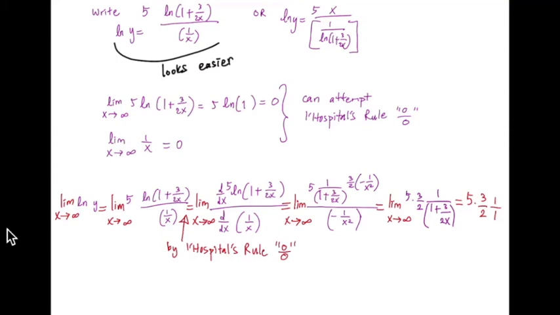So now I'm ready to compute the limit of y as x goes to infinity. So I have e to the limit as x goes to infinity of the natural log of y. So I have e to the 15 over 2.